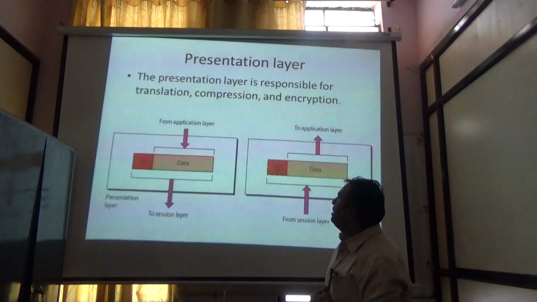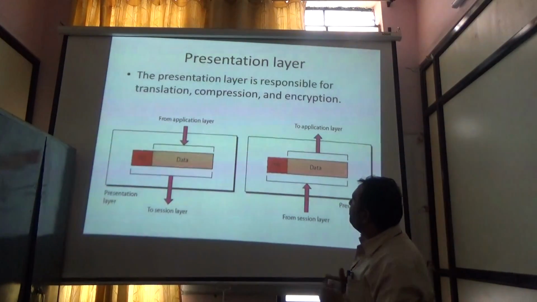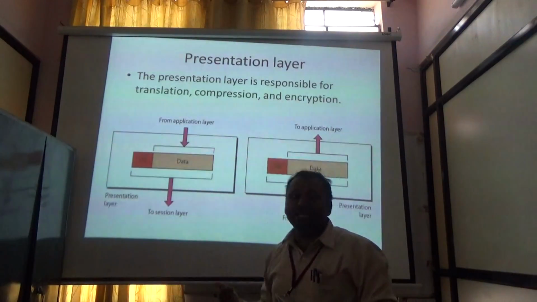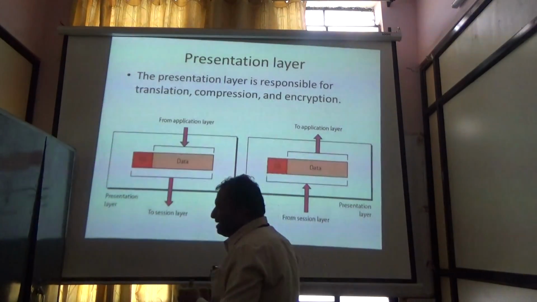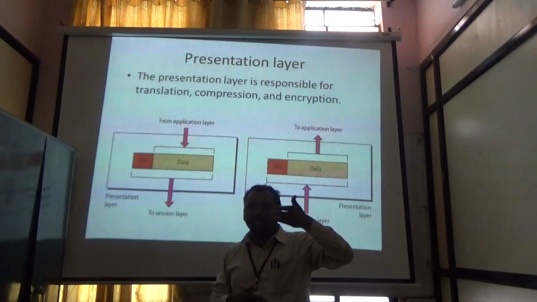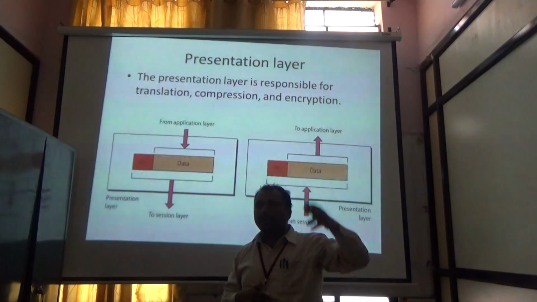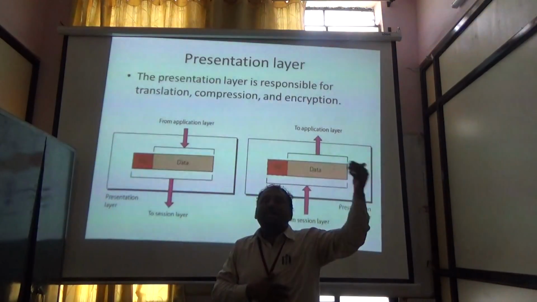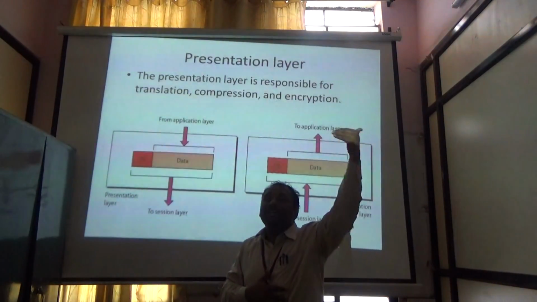Next is the presentation layer. Now it is responsible for translation, compression and encryption. As I told, in the network layer and above layers, one system can communicate with another system which is part of some different network.